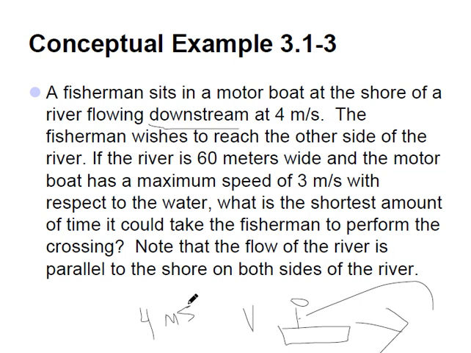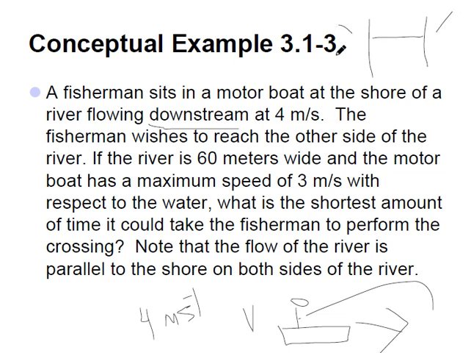These are the things you've got to sketch in your brain. If you cannot sketch it in your brain, sketch it on a paper. And then the fisherman wishes to reach the other side of the river. So you're on one side, and you want to go to the other side of the river. If the river is 60 meters wide, now talking about it.